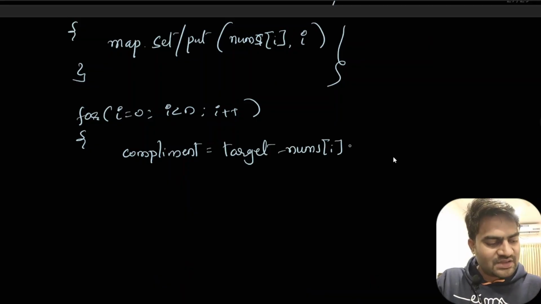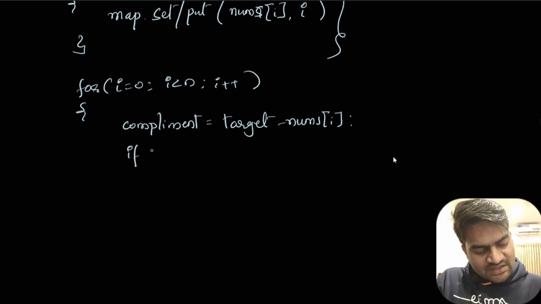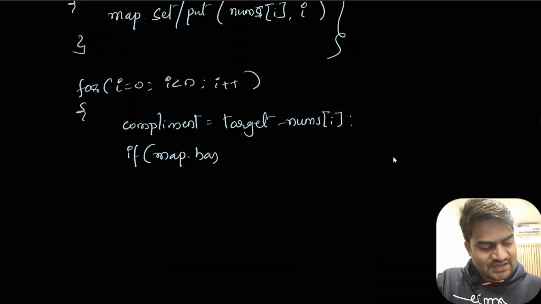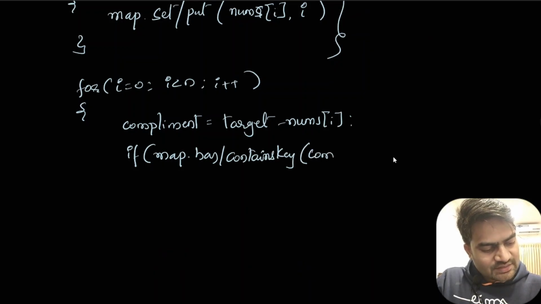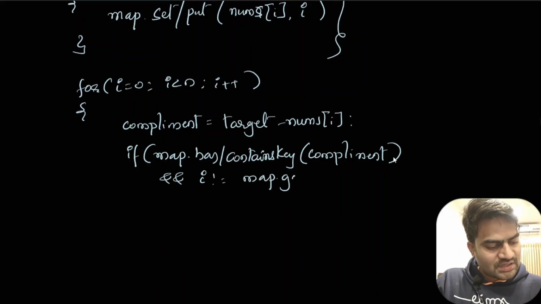This way I will find my complement, and after that I will check if my map contains key, so I will pass the complement. I will check if we have this value, and also i should not be equal to map dot get of complement.